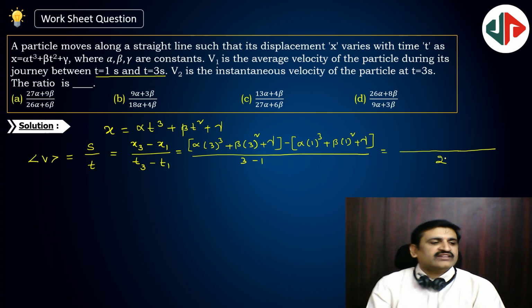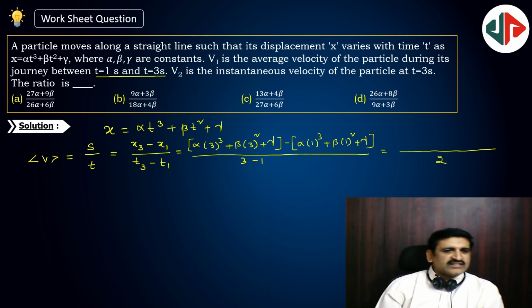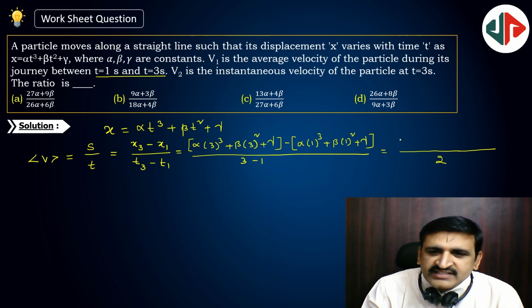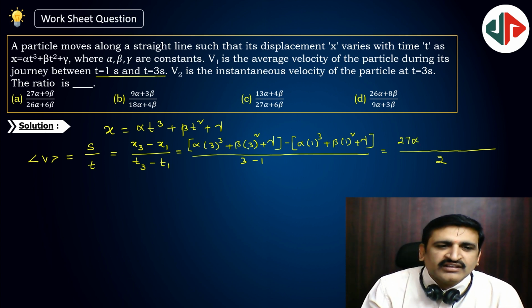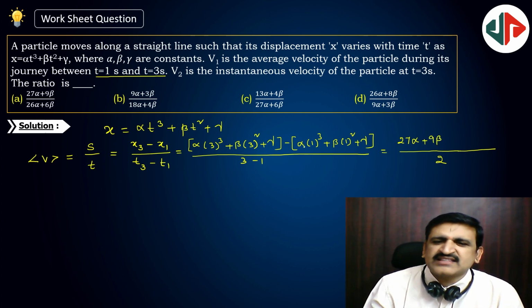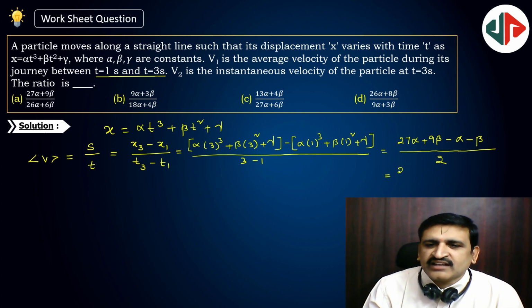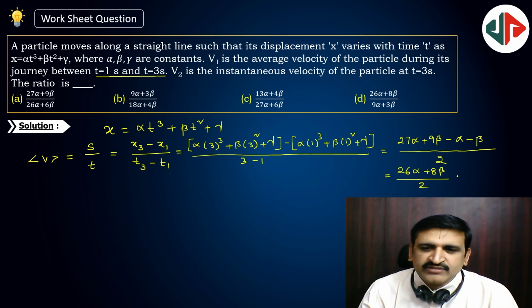Now 3 cube is 27, so 27α, next 9β. Gamma cancels, minus α and minus β. That gives 26α plus 8β by 2, which is 13α plus 4β.